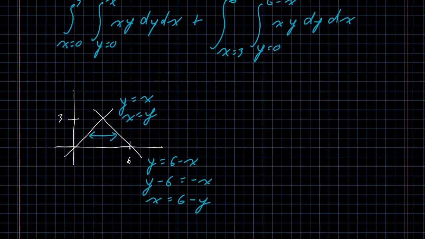But I can set this up now. My shadow on the y-axis goes from 0 to 3. And in the x direction, on the left side I have my line x equals y. On the right side, I have my line x equals 6 minus y.